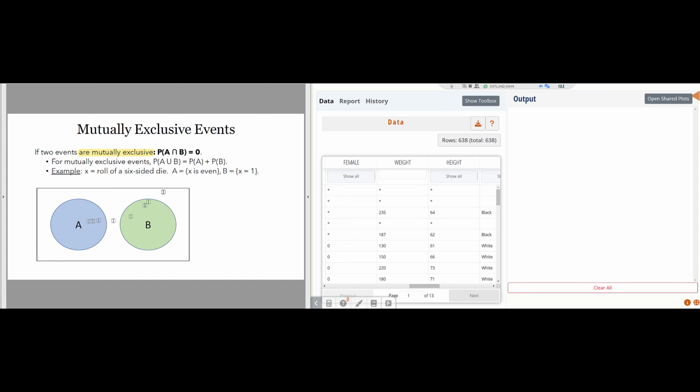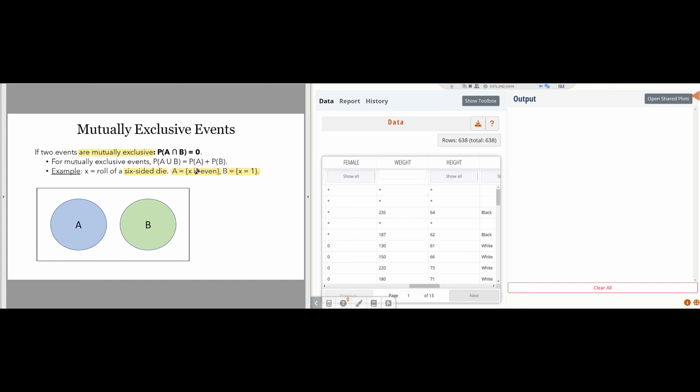All right. As another example, this time involving a fair six-sided die. If we roll the die one time and we ask, all right, what is the probability that we got an even value versus what is the probability that we got a 1?